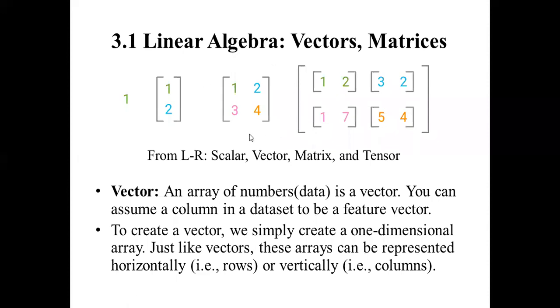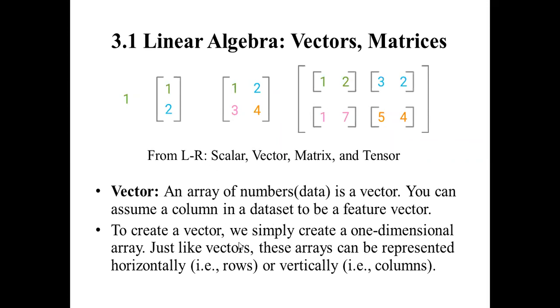So a matrix is a multi-dimensional array, a vector is a single dimensional array, and a scalar is simply a value. And a tensor represents a multi-dimensional array of arrays, which means every element of the tensor is a separate matrix, horizontal or vertical, etc.